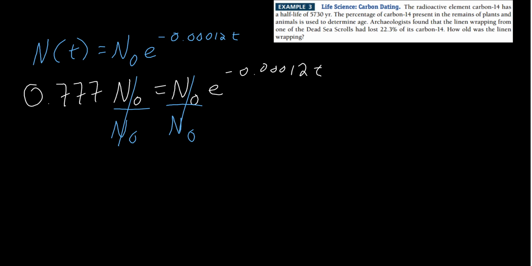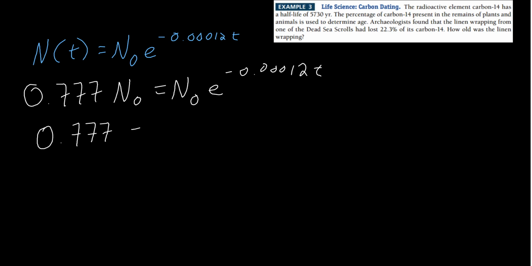So that's the clever manipulation that we're going to do for this particular problem, and you're going to see it a lot in many of your classes. Every single class I've ever taught with radioactive decay has this particular problem.